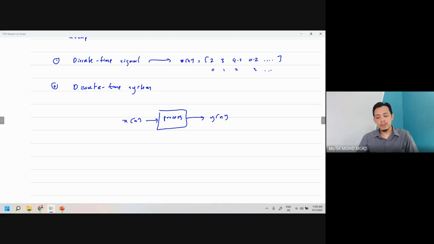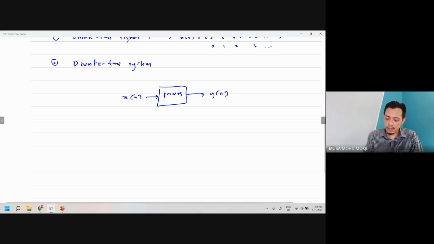When you have those three things, input signal, output signal, and process, that is what we call a system. And because our input and output are discrete time signals, we call this a discrete time system. And this is the process.